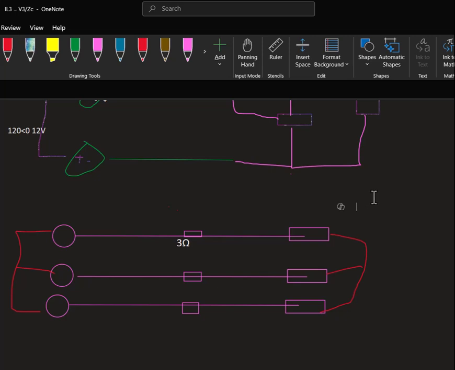So if we divide that by 3, we get 8.33 plus j1.67.